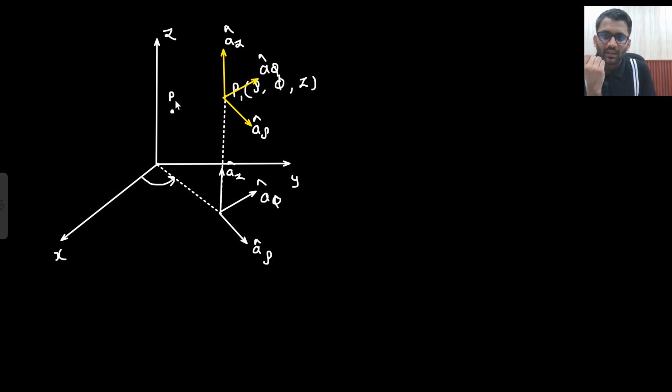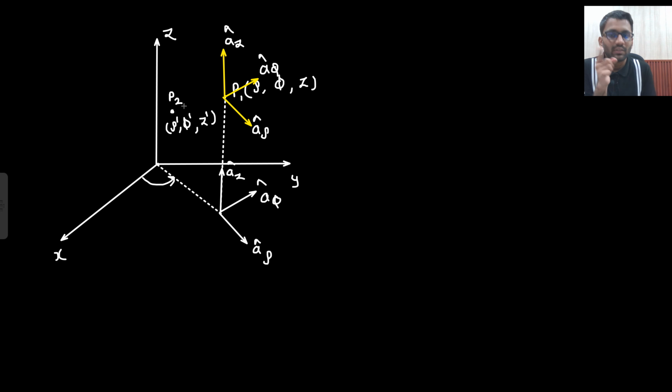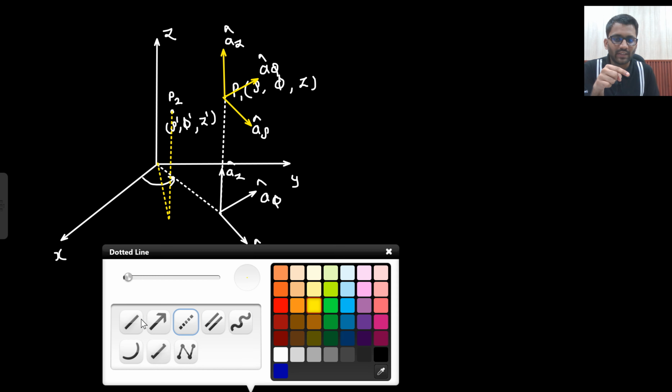This was your P1, this is your P2, and it has the coordinates phi dash, rho dash and z dash. Now how will I find the direction of rho, phi, z with respect to this particular coordinate? With respect to this coordinate, the direction of rho, phi, z will change. Say yes or no. I will take the projection on the xy plane and join it.